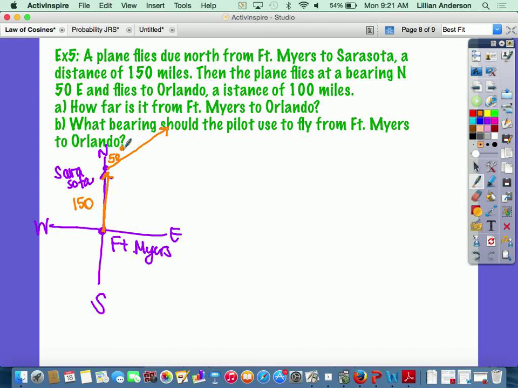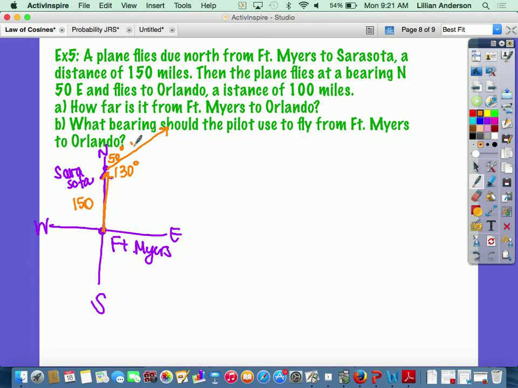Using what we remember from geometry, if this angle up here is 50 degrees, what's this angle right inside here? 130. Because these angles are what types of angles? Does anybody remember? Starts with S. Supplementary angles. So there you have 130 degrees.